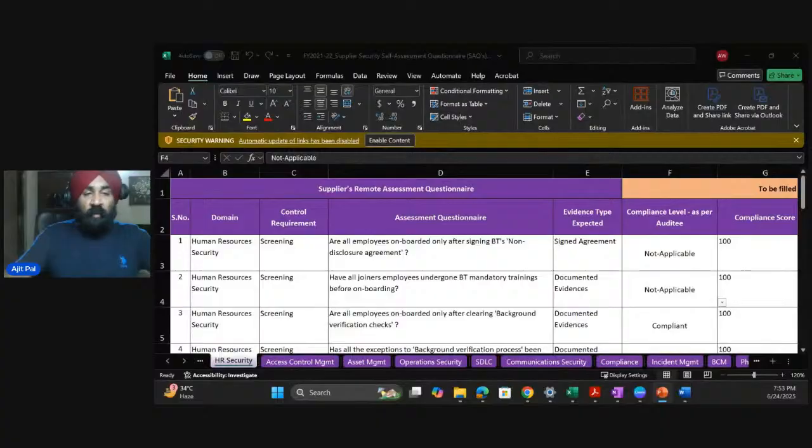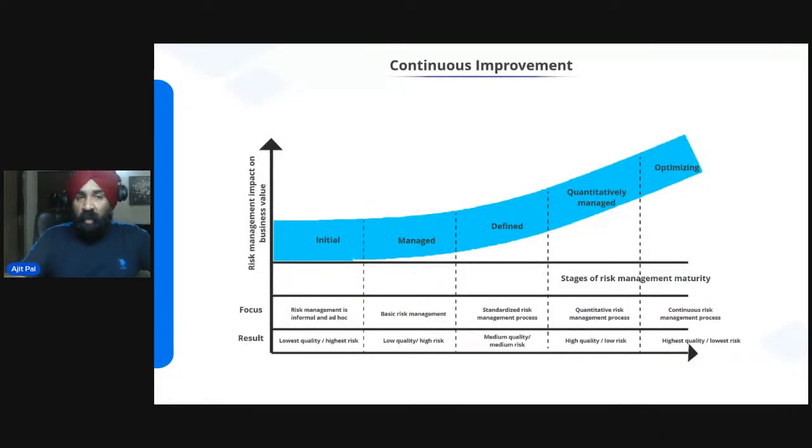Another method of risk measurement is CMM levels. This is to measure the level of the risk management process in the organization. We have initial. Initial means you don't have any risk management process in place. Managed, you have a risk management process. Even now you don't have a fully defined risk management, but you have attained some consistency in the way you are managing your risk.